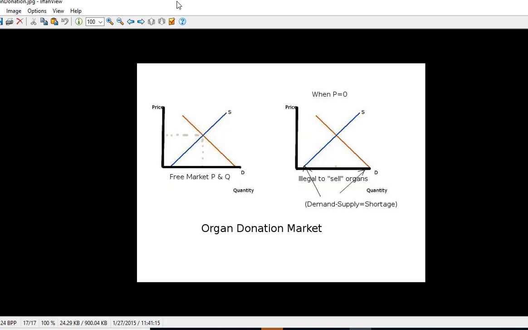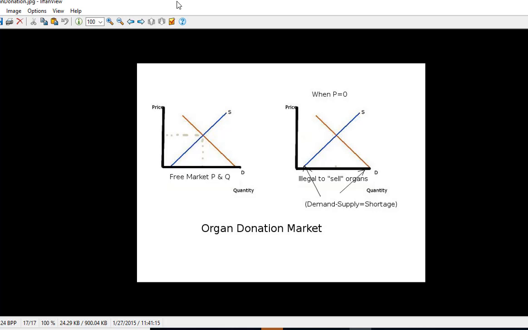Now let's just talk briefly about organ donation, which is generally illegal. Okay, if there was a free market for, say, kidneys, we all have 2 and we only need 1, so you could sell them on the open market, and there would be a price, equilibrium price and equilibrium quantity. However, it's illegal. So what does that mean? Supply is very limited. Meanwhile, demand is very high.